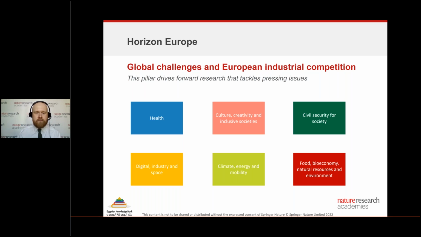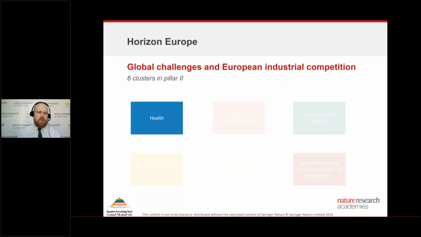We have health; culture, creativity, and inclusive societies; civil security for society; digital, industry and space; climate, energy, and mobility; food, bioeconomy, natural resources, and environment.